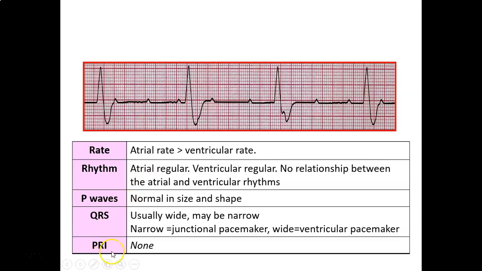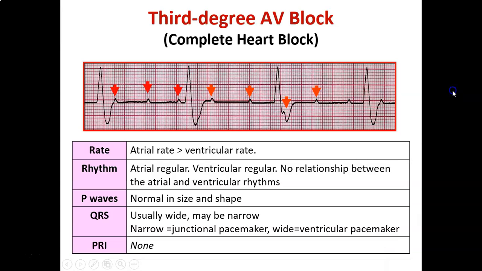But the ventricles are not going to die. They are generating their own current from the Purkinje system. So that's why the ventricular rate is slow, 20 to 40 beats per minute. So this is a complete blockage of the electricity. It's called complete heart block or third degree AV block. In third degree AV block, atria and ventricles beat independently.